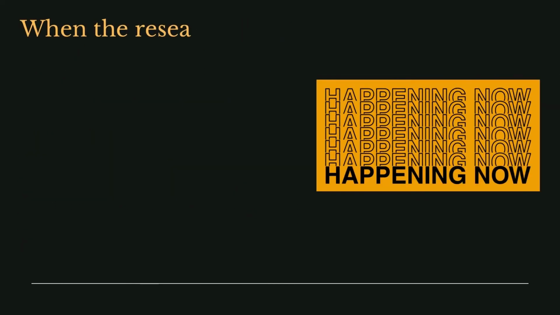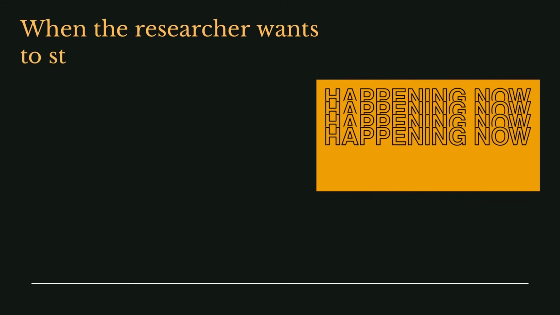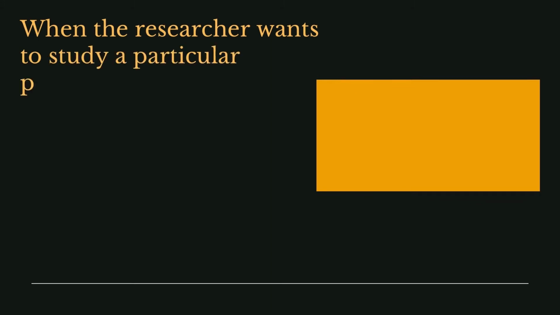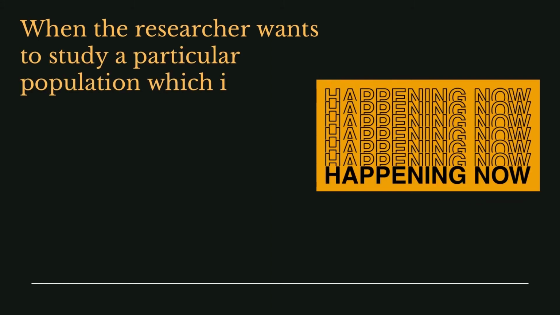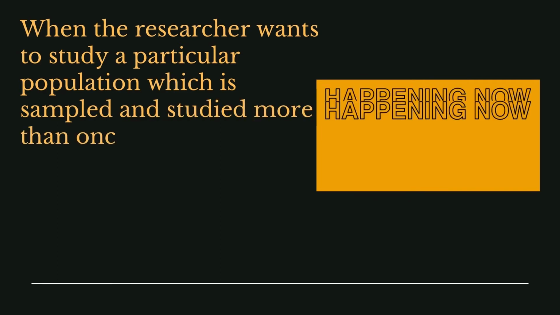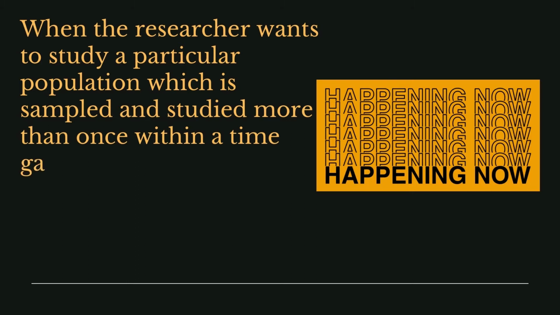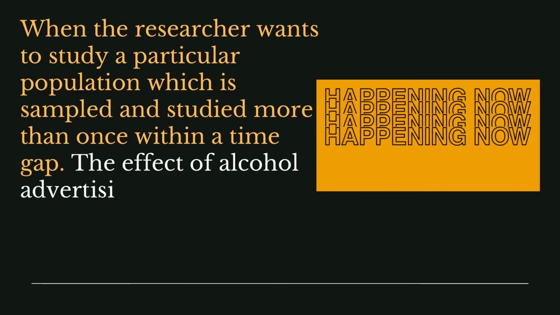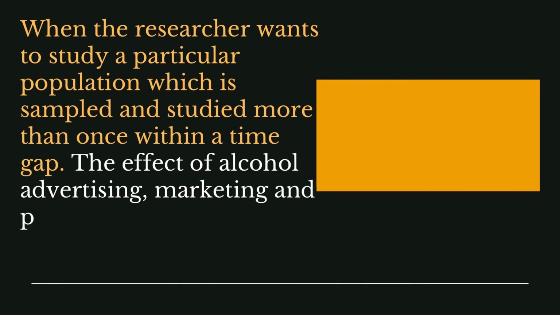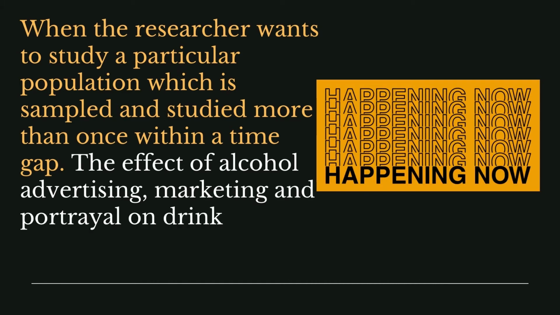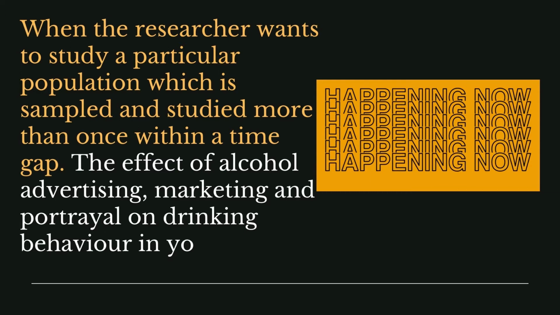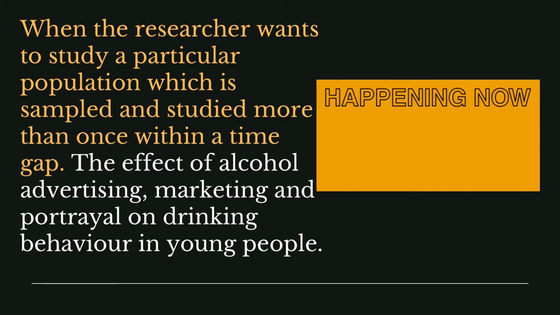When the problem statement requires the researcher to study the same group more than once over time. For example, the problem statement could be, what is the effect of alcohol advertising, marketing, and portrayal of drinking behavior in young people? So the same group of people will have to be tested over time.